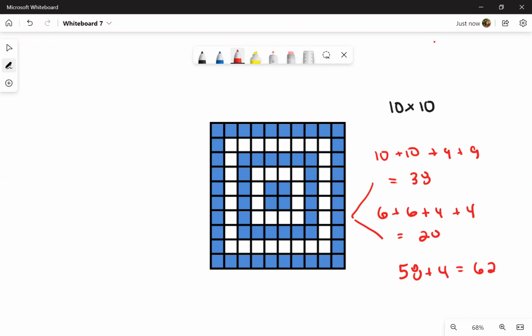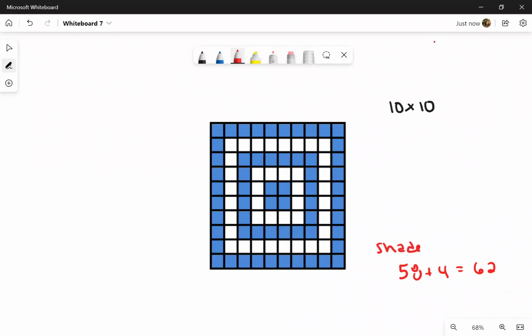Okay. So counted them all up. And of course, you don't have to kind of keep track of it like this. I just did that for the video so you guys can see what I was looking at. So this is the number of shaded squares. And there are 62.